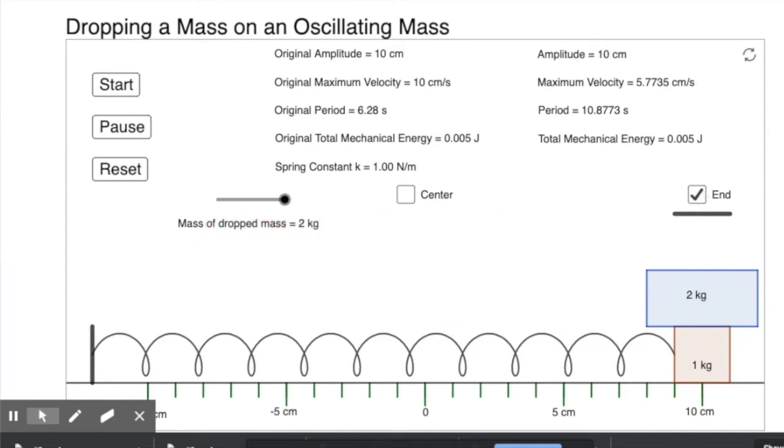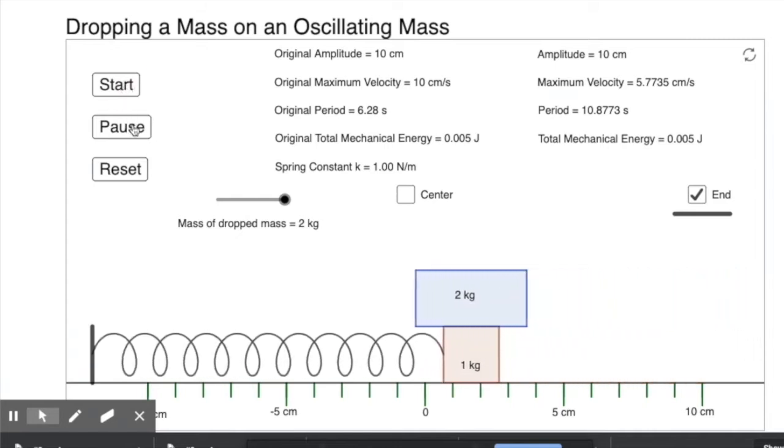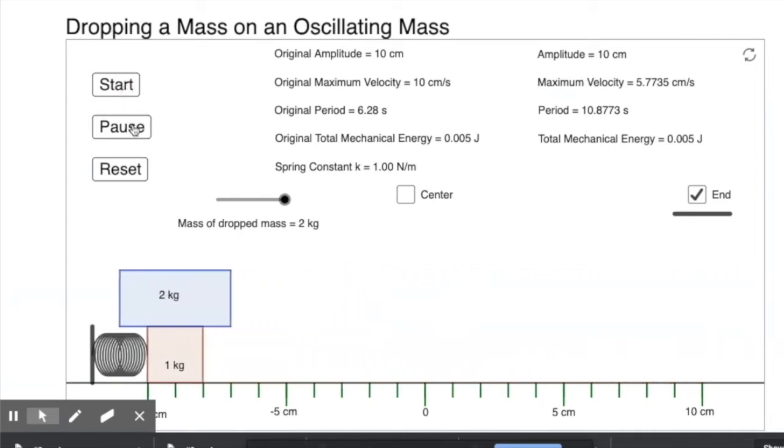So if it had an elastic potential energy, which was proportional to the square of that 10 centimeter amplitude, then when it oscillates back and forth, and all of the kinetic energy at the equilibrium position is converted to elastic potential energy again, then it has to have an elastic potential energy proportional to the square of that amplitude.